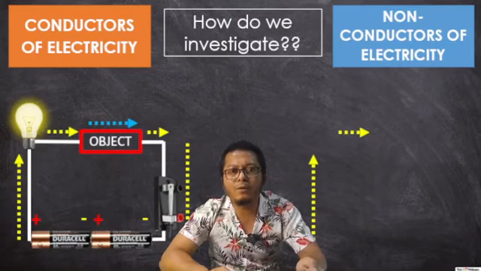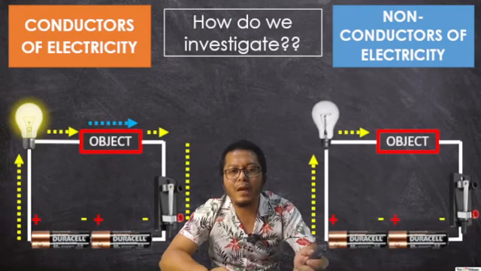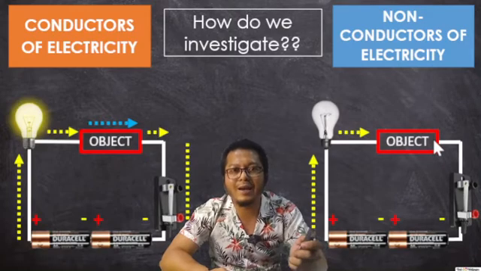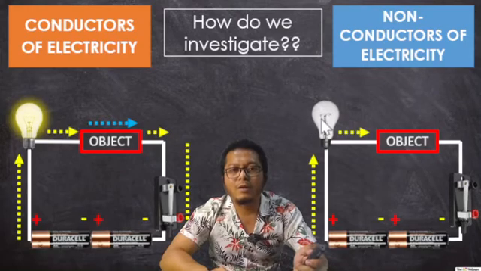For a non-conductor of electricity, the current from the dry cell cannot flow through the object. It cannot. So what happens? The light bulb does not light up.